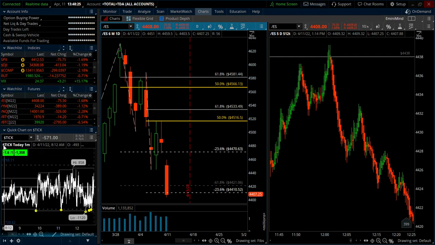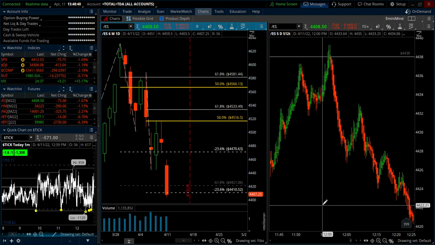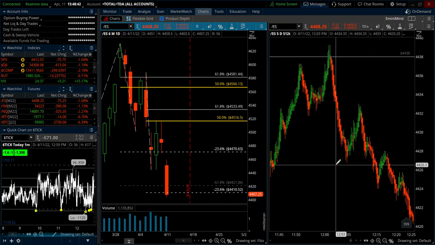And the breadth reflected that with around a 1 to 1 breadth ratio, meaning the amount of volume going into stocks going up versus down was pretty balanced. So it made for limited intraday trades, except really the two that I'm gonna talk about here.